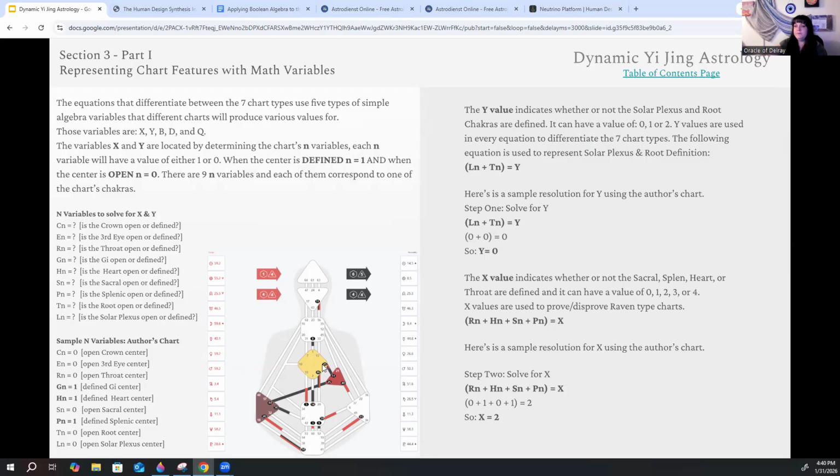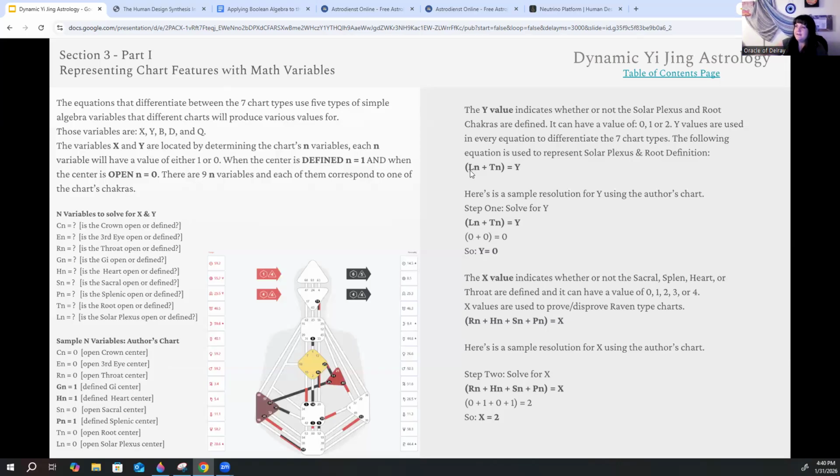So my G center is defined here, so my GN is 1. My heart center is defined, so my HN is 1, and my spleen is defined, so my PN is 1. And the rest are 0 because they are open. So it's the easiest variable to find. It speaks directly to the chart, open or closed. So the N solves for X and Y.